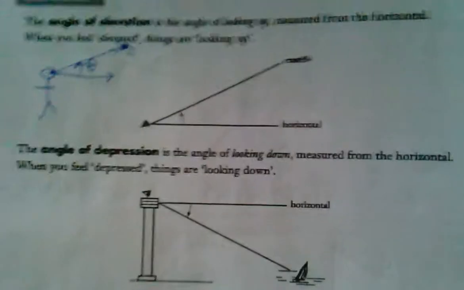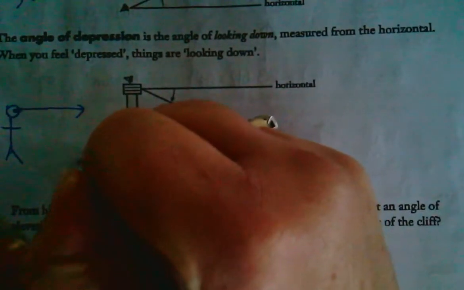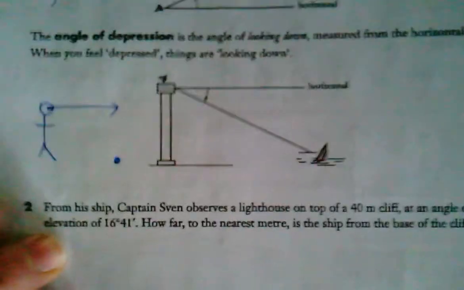The angle of depression is the angle looking down. Once again, if you normally look straight ahead at the horizontal and you see something down here, you need to tilt your head down that much.